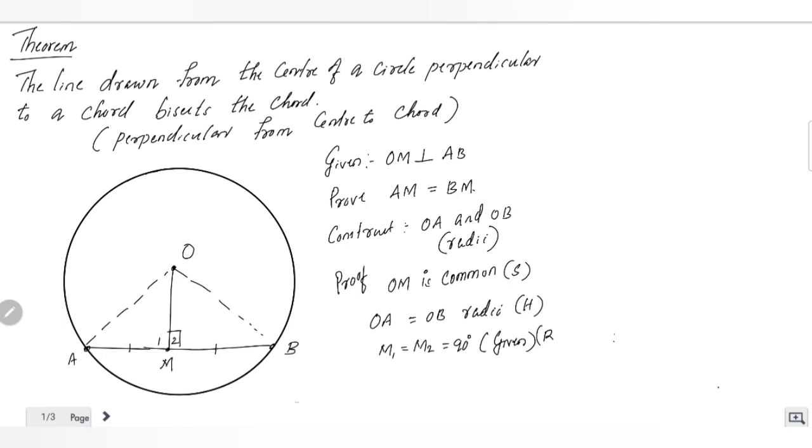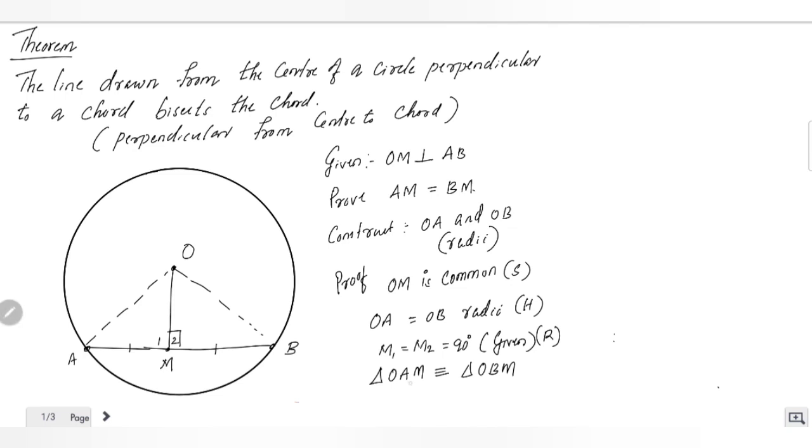So by RHS we can say that those two triangles are congruent. What are the triangles? Triangle OAM, that order is very important, OAM is congruent to triangle OBM, isn't it? So we proved that those two triangles are congruent, which means the corresponding sides are the same.